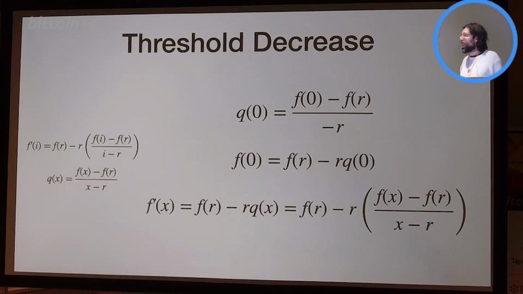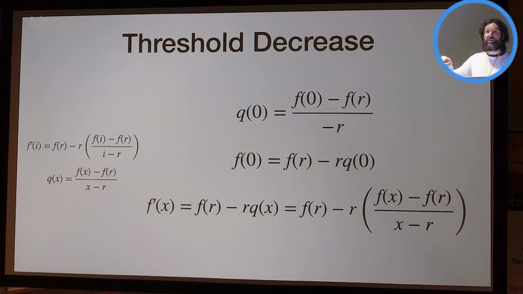And we also know that if our original polynomial is t minus 1 degree, when we do this division, we're going to get a t minus 2 degree polynomial, because we're dividing out an x. So we're moving the degree down 1. Those are the two properties that we needed to prove.